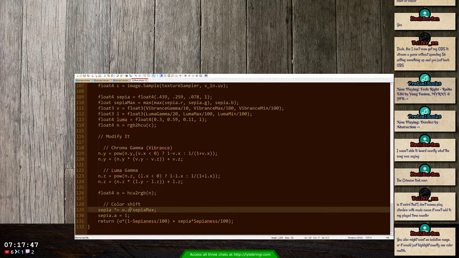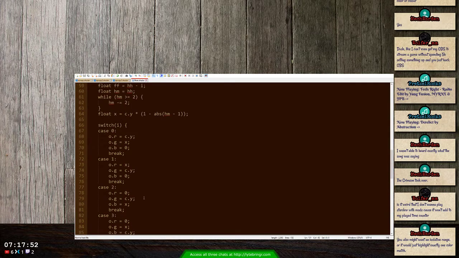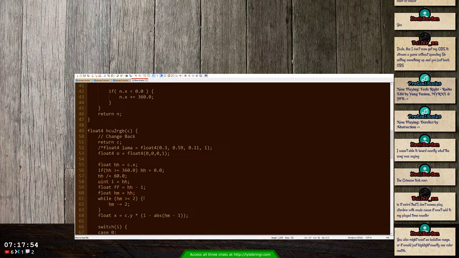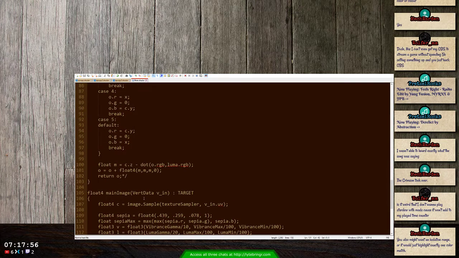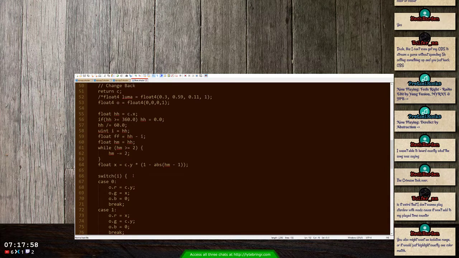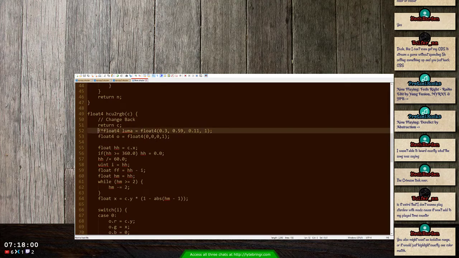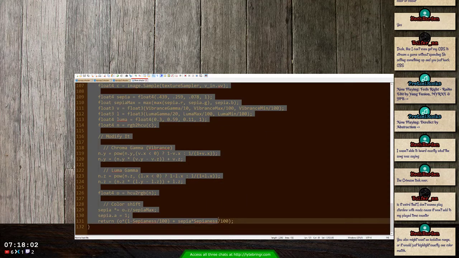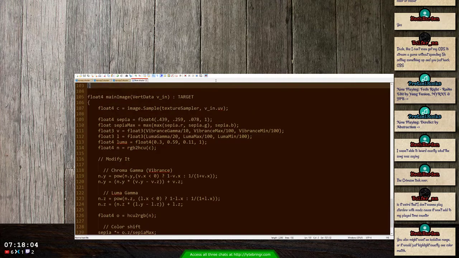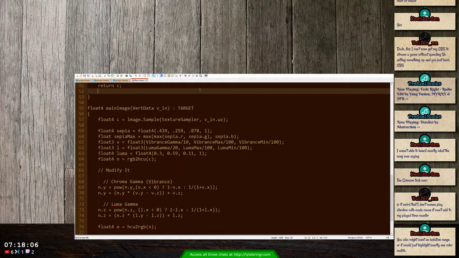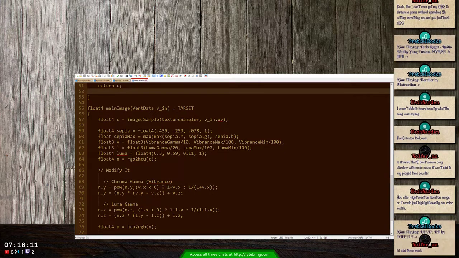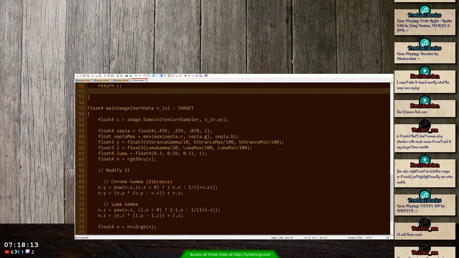Sepia O.Z. should work. I don't see why it doesn't work. Curses!